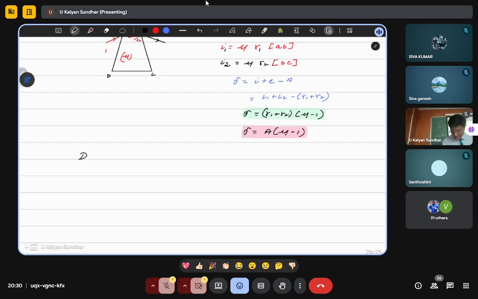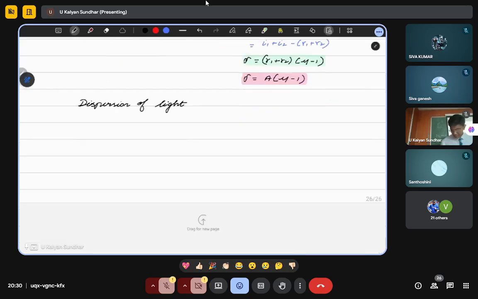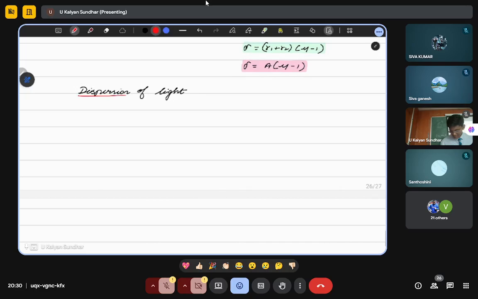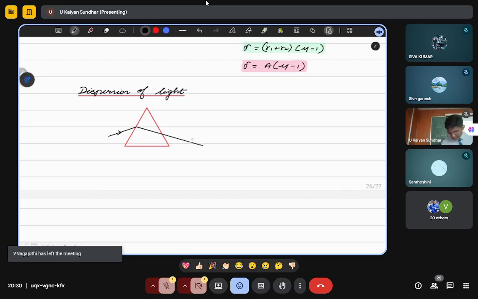So when it comes to the dispersion of the light, if this is the white color, the most deviated and the least deviated, this will be your red and this is your violet.